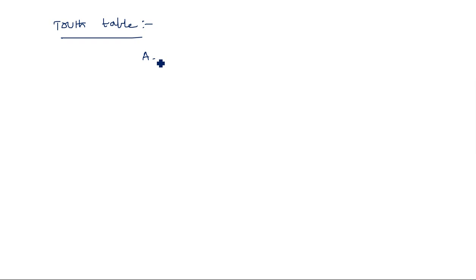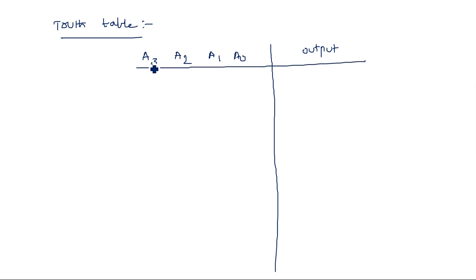We know very well the truth table has 4 inputs and 16 outputs. So the output we are taking as a single column. Output means it may be D0, D1, D2, D3 and so on up to D15, and the corresponding pin is activated.